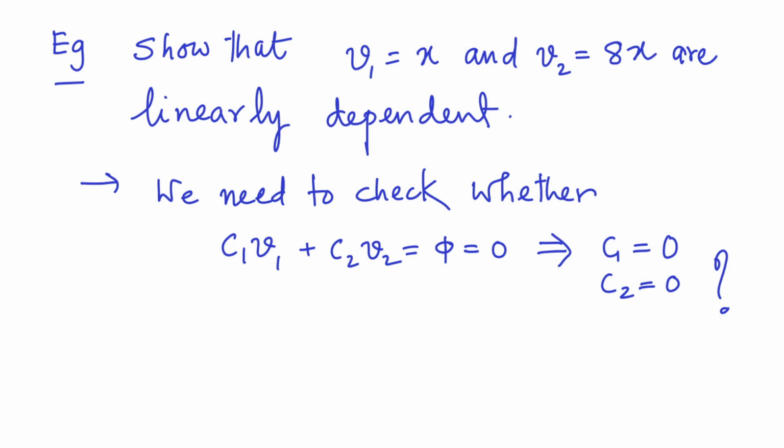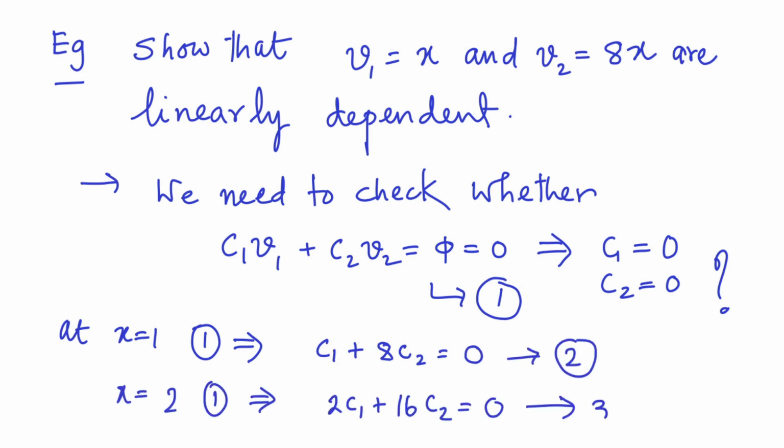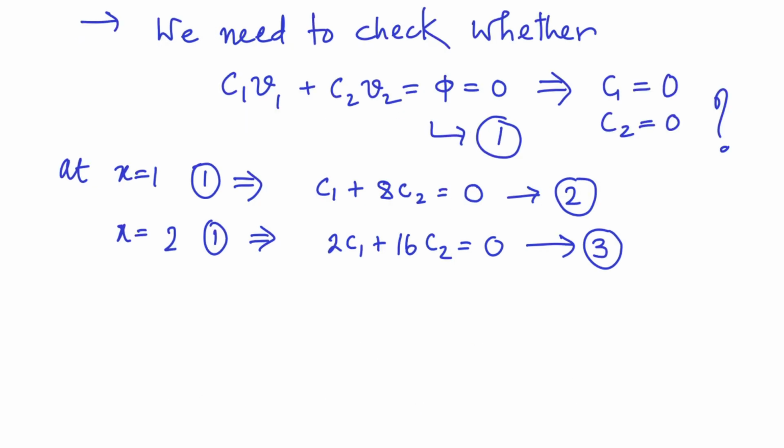So if you denote equation 1, which is c1 v1 plus c2 v2 equal to phi, and demand that equation 1 holds for all values of x, then at x equal to 1, equation 1 implies c1 plus 8c2 equal to 0, and at x equal to 2, equation 1 implies 2c1 plus 16 times c2 equal to 0.